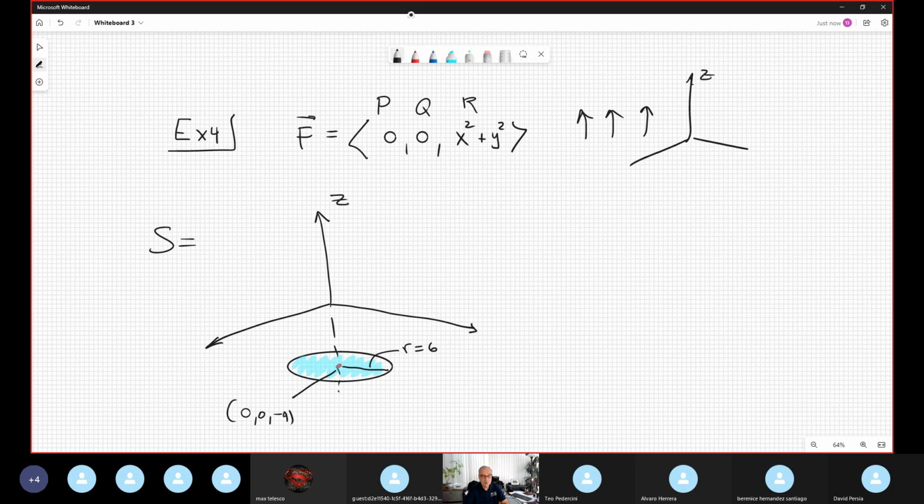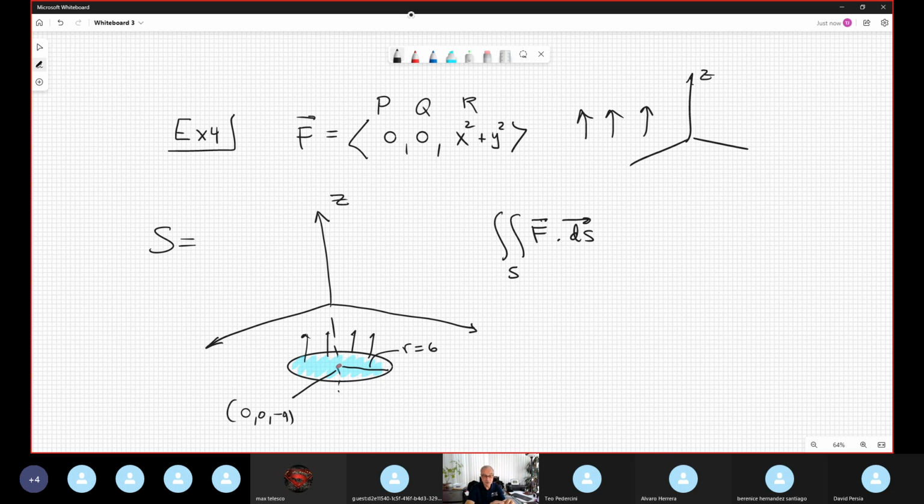Okay, I want to compute this flux integral. So basically the thing I try to do is compute the flux. It's the amount of vector field passing through, crossing this surface.